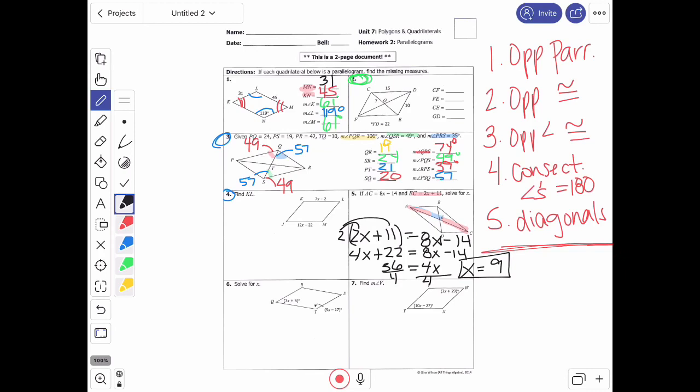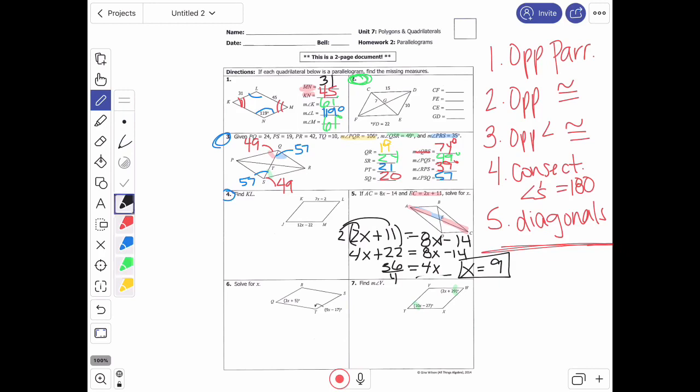Alright, so then in number 7, it says find the value of angle V. I accidentally covered up angle V. So I'm only told something about angle Y and angle W, but angle Y and angle W are opposite of each other, so that means they have to be congruent.